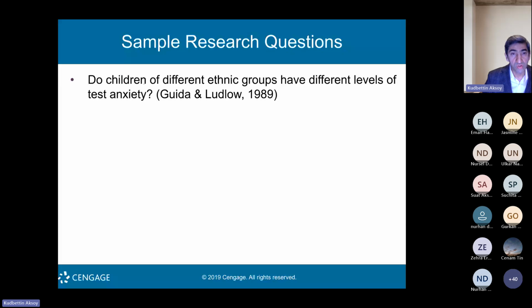Another example is, do children of different ethnic groups, again, this is our one variable, ethnic groups, obviously categorical. 1, 2, 3, 4, probably 5 levels if it's in the US, have different levels of test anxiety. So when you read the question, this is a research question, we have one variable here, another variable here, test anxiety. But test anxiety, you can easily measure it. There are surveys out there, instruments.